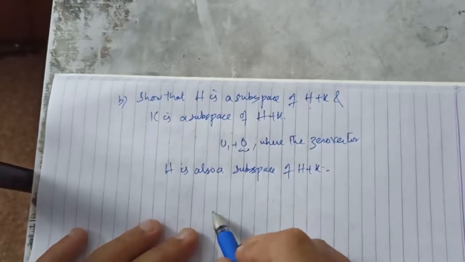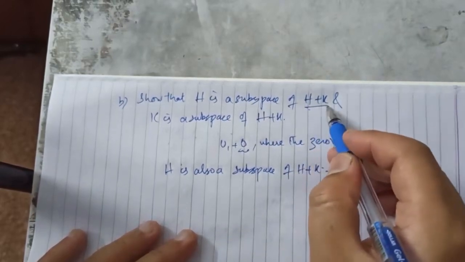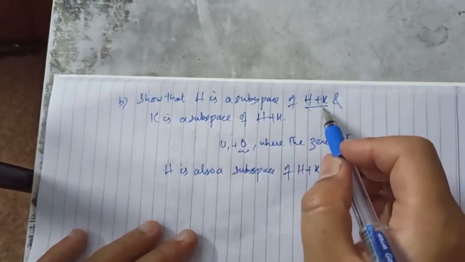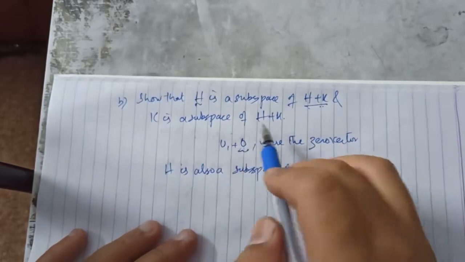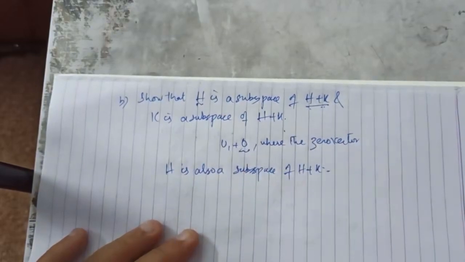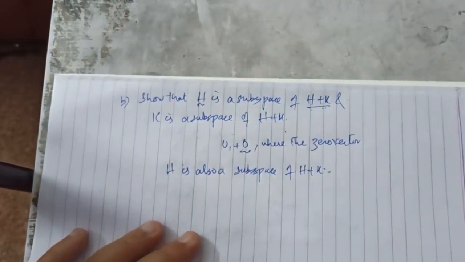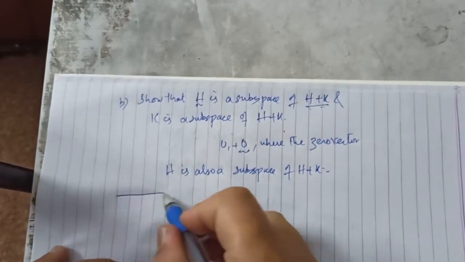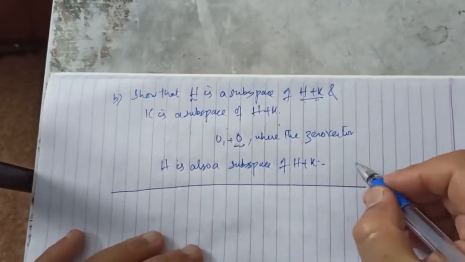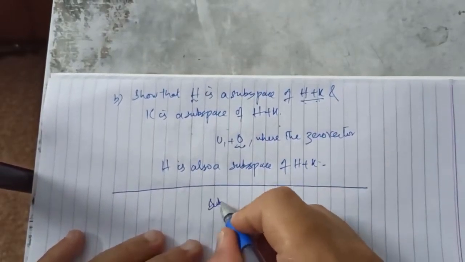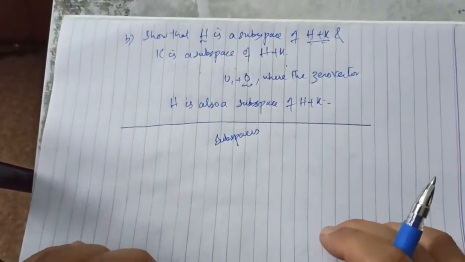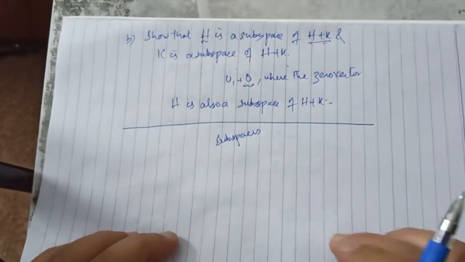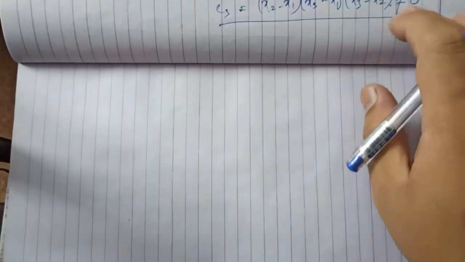So in this case H plus K is a subspace, so H is a subspace of H plus K and K is a subspace of H plus K. Now let's conclude this discussion on subspaces. In the next lecture we'll talk in detail about the column space and the null space. Okay, thank you.